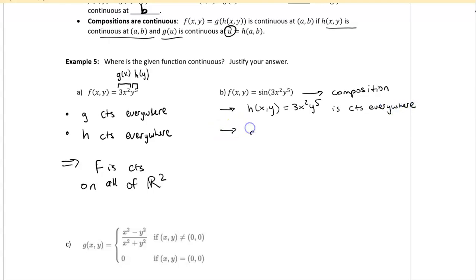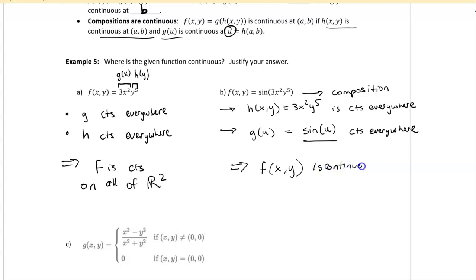So then let's think about what g of u is. g of u is equal to sine of whatever value that thing spits out. What do we know about our function sine of a value? This thing is continuous everywhere. So we have our composite function f of (x, y) is continuous on all of R squared.